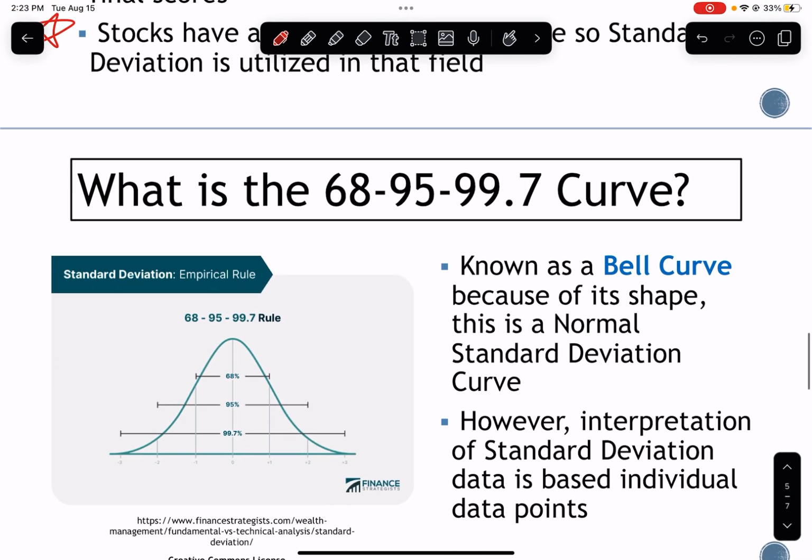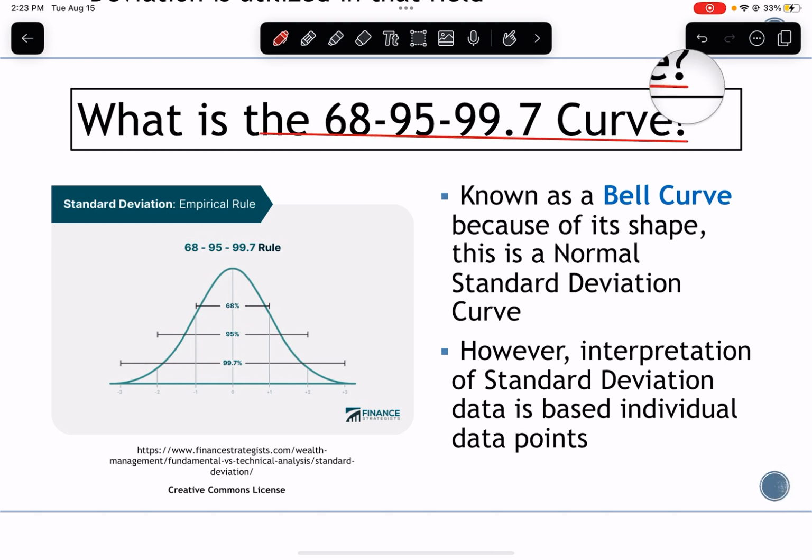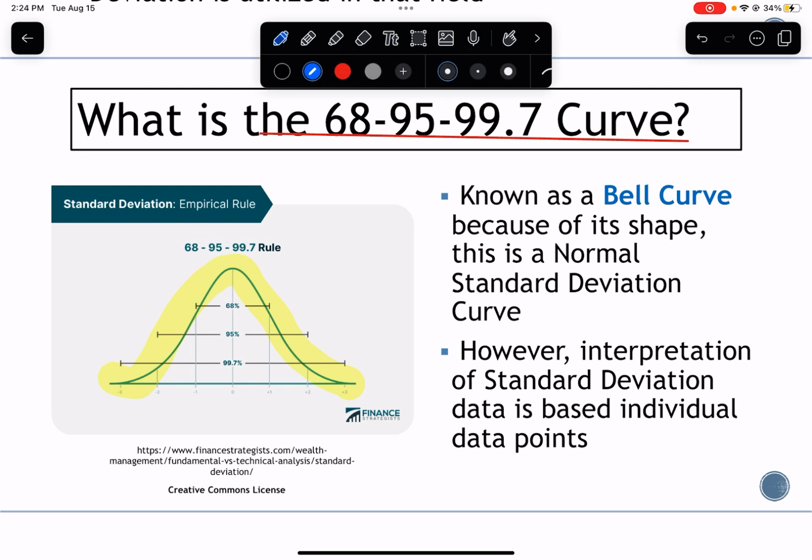All right, so the next part of our lesson is answering what is the 68, 95, and 99.7 curve. Well, this is known as the bell curve because of its shape. The first thing I notice when I'm looking at this curve is that it's really symmetrical.